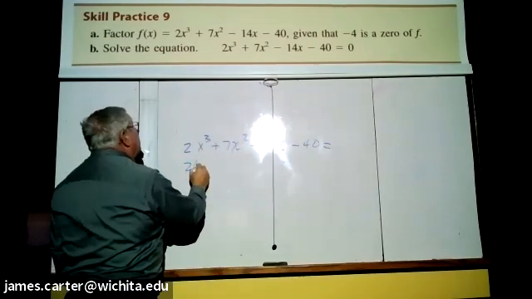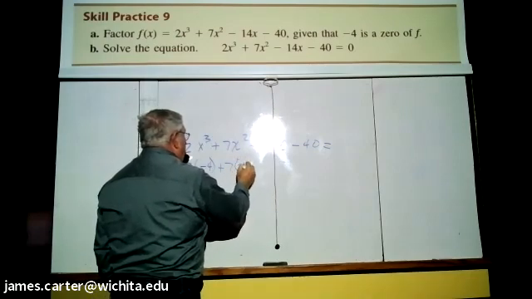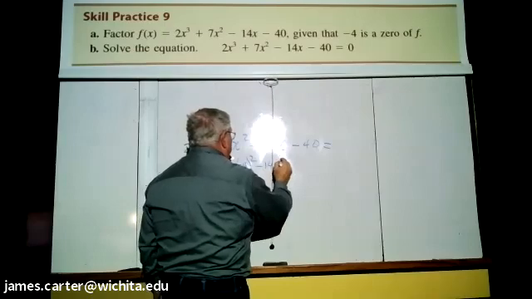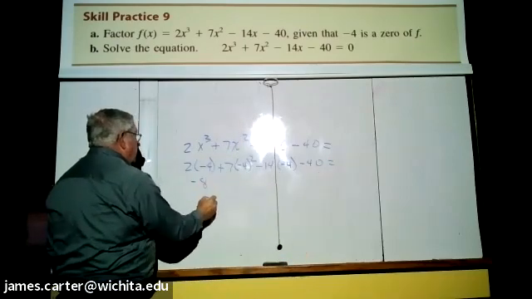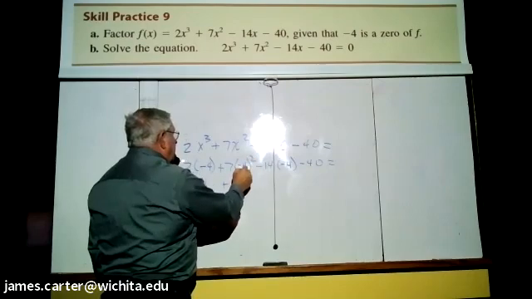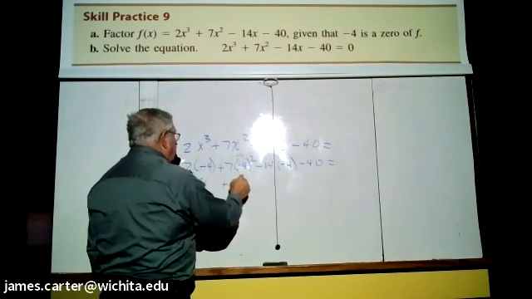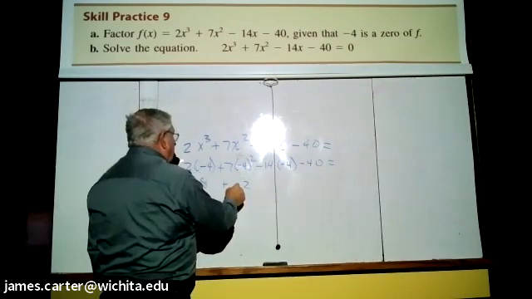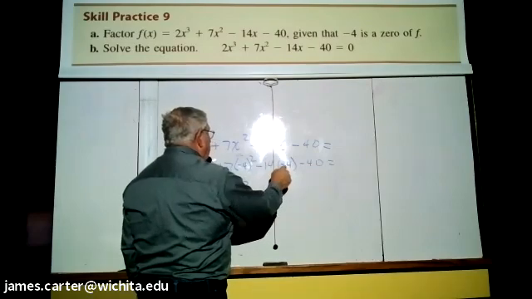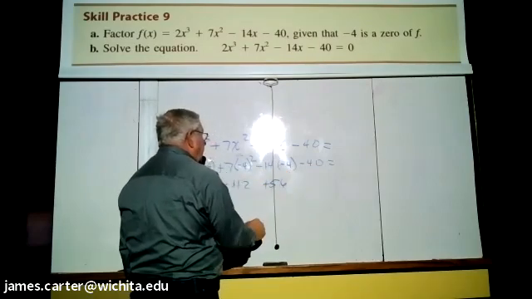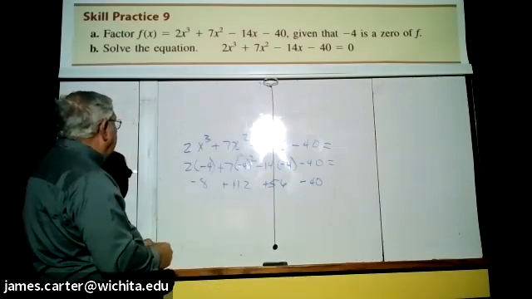If I substitute all the x's with -4, here I get -8. 4 times that is positive 16, and 16 times 7 is 112, and 4 times 4 is 16, and it's positive, and minus 40. What do I get when I add all of those up if I've done it right?